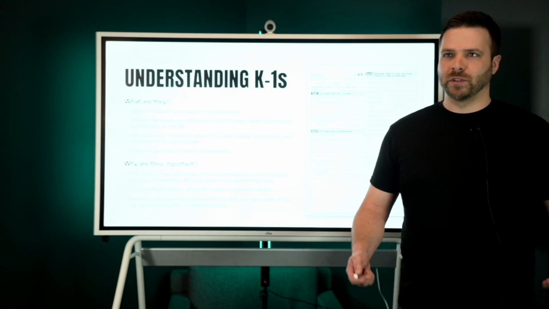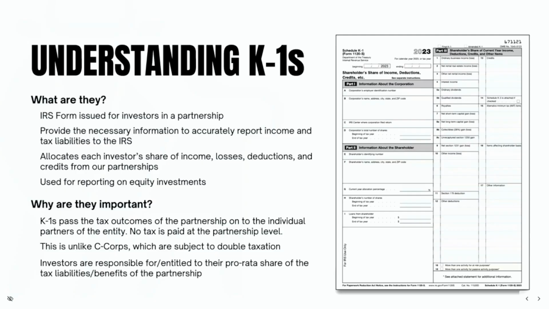So the first thing we're going to discuss is Schedule K-1. First of all, the question is, what are Schedule K-1s? Schedule K-1 is an IRS form that's issued to investors for investment in a partnership. For those of you who are current investors in F Street development deals or prospective investors, these are applicable to you.